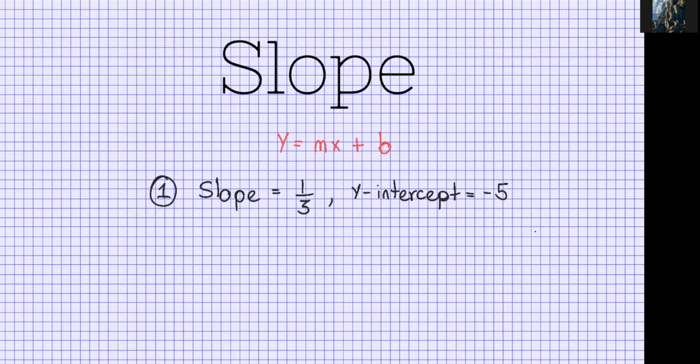Now, this problem is not even a problem, it's extremely easy because the slope will be our m, and our y-intercept will be our b.